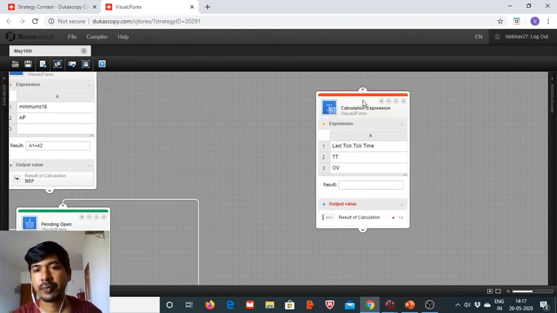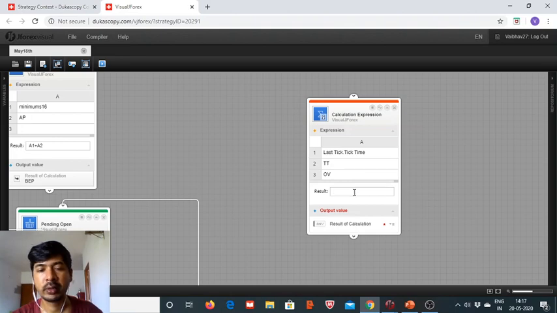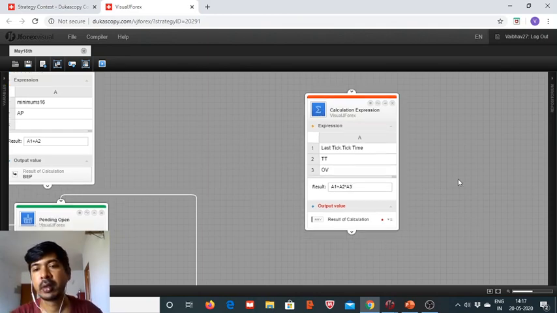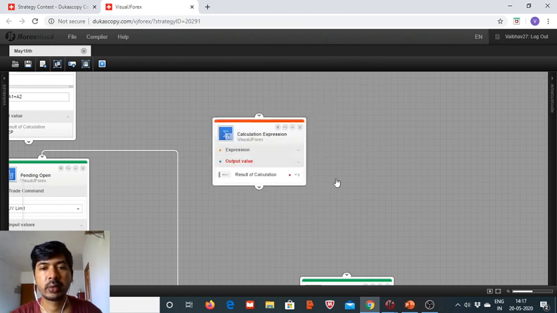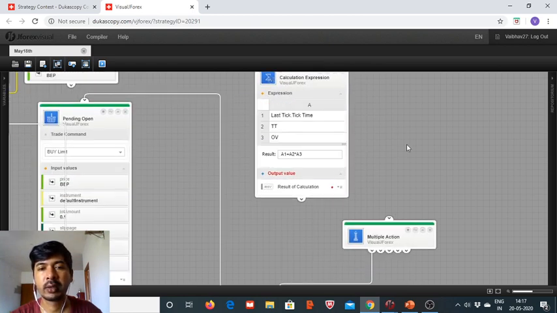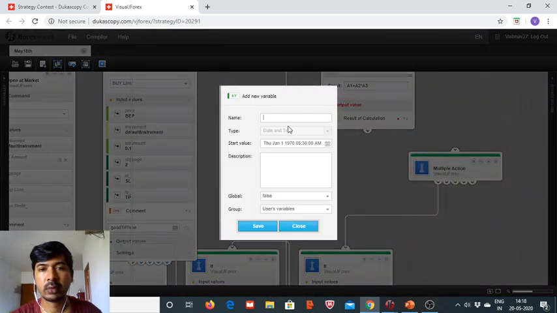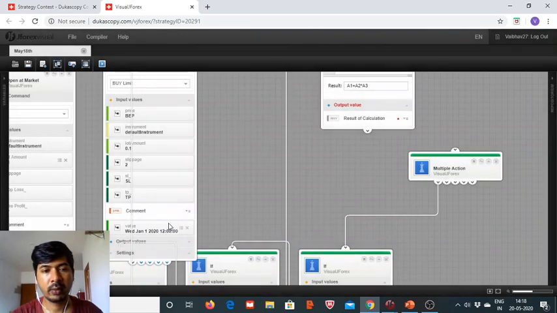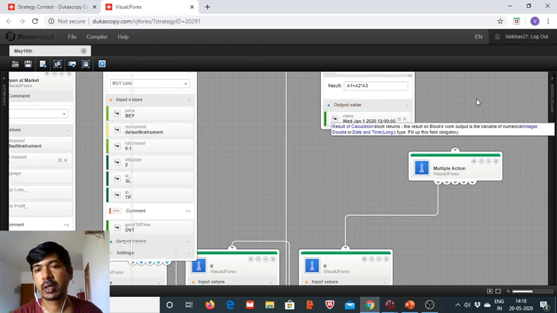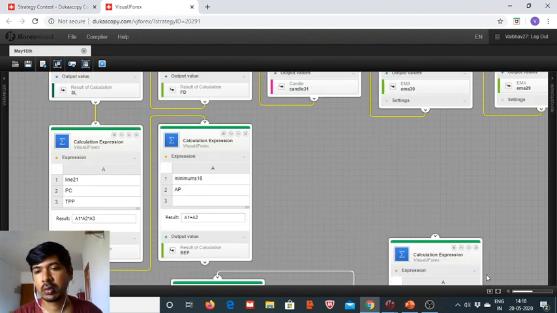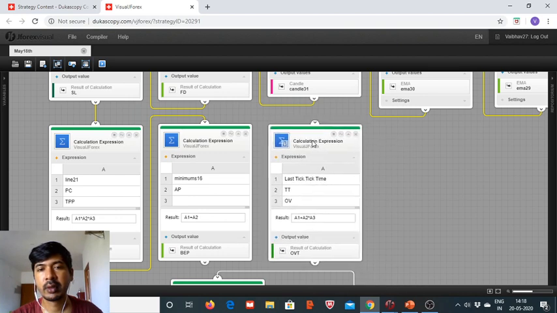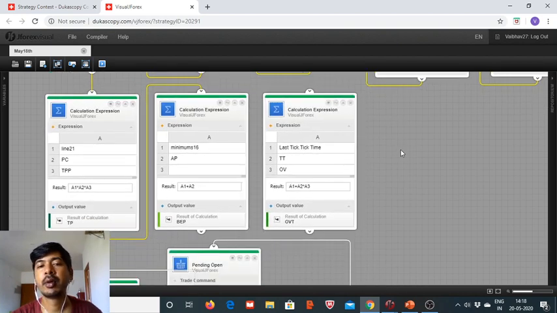And now what we need to do is a 1 plus a 2 into a 3, and the result of the calculation needs to be in the long format. So we take the variable created here, we name it OVT, we save it, and we take it to the result of the calculation. So here we have done this.